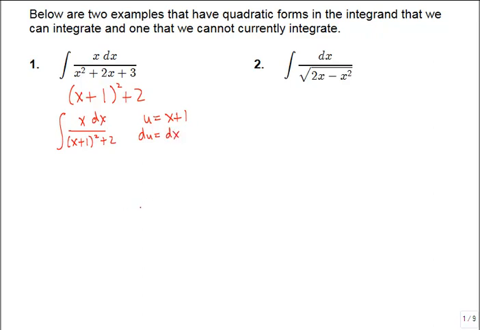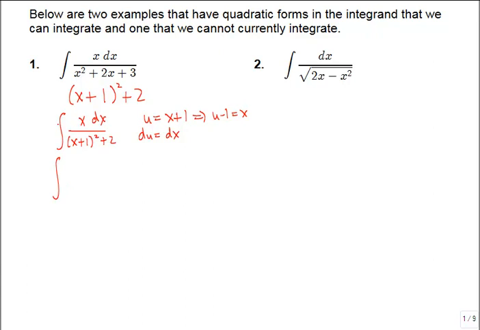So du is the same as dx. Now also in this integral we have this lonely x on top, so we're going to need to know what that x turns into. So if we solve this substitution for x, u minus 1 would equal x.